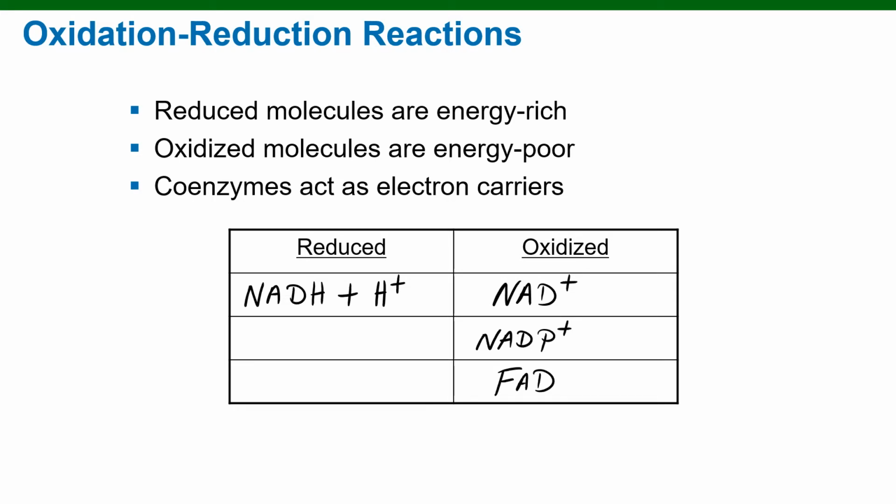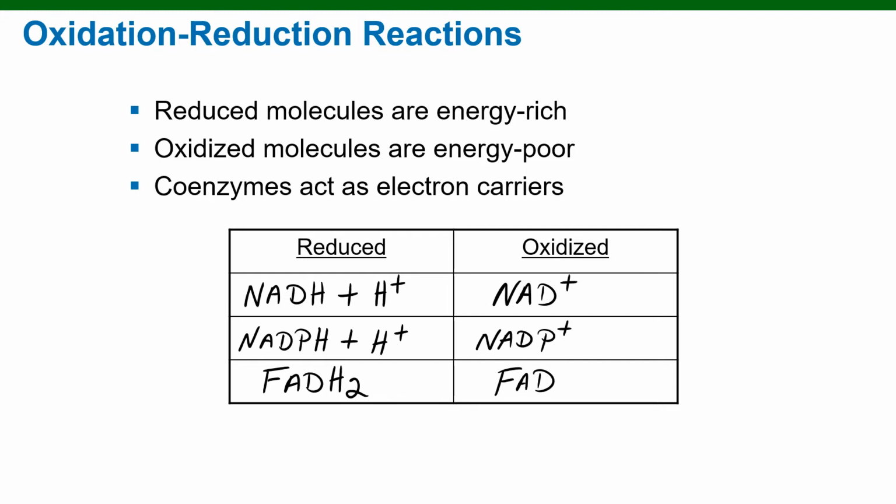Similarly, NADP will function in the same way, so we can write the reduced form as NADPH plus an H+ left over. The process is a little bit cleaner for FAD, where it is simply written FADH2. Both protons and both electrons that come with hydrogen as a pair will attach themselves to FAD.